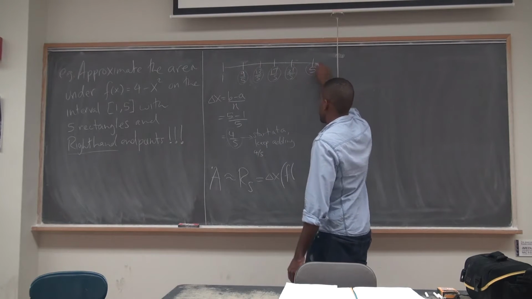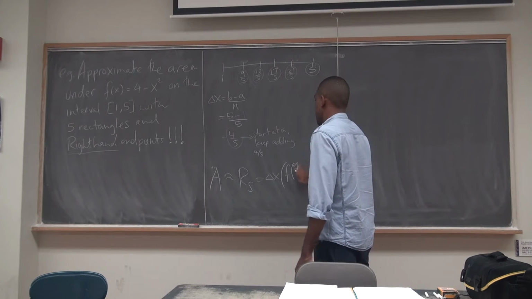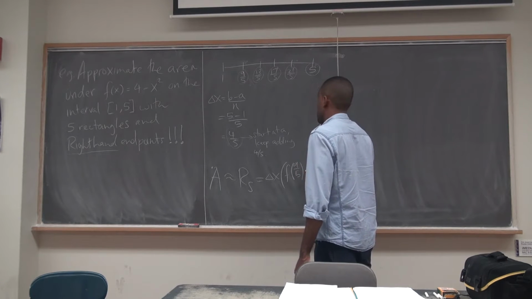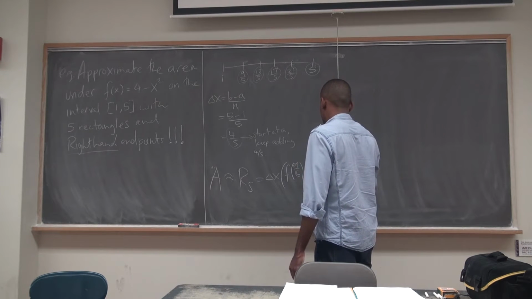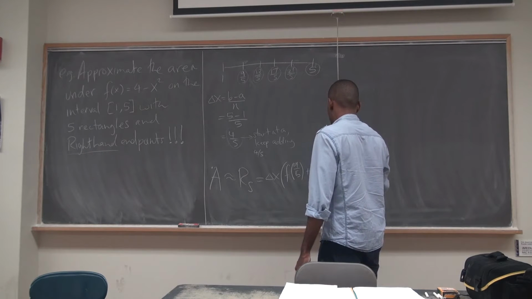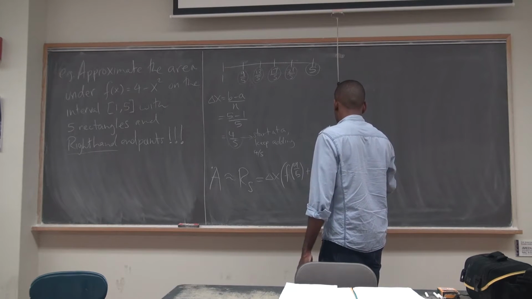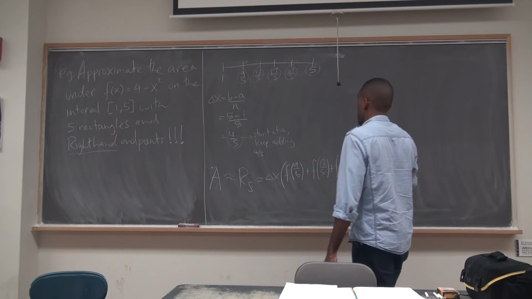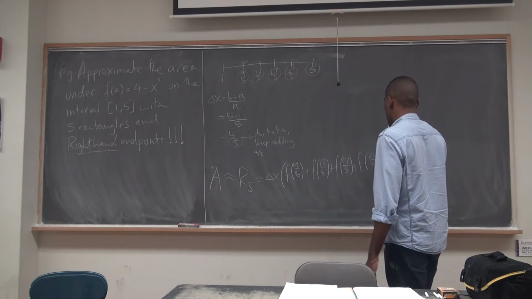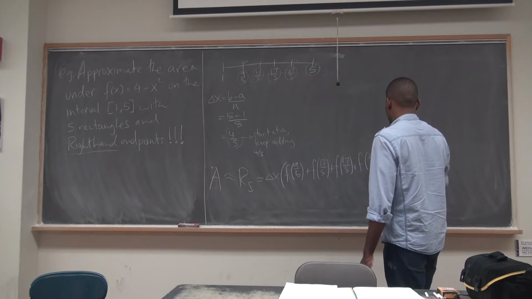You ignore the left endpoint. f of 9 over 5 plus f of 13 over 5 plus f of 17 over 5 plus f of 21 over 5 plus f of 5.